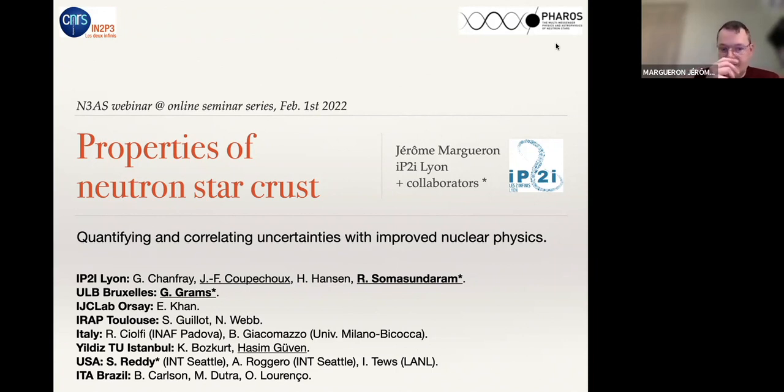Our interest was to focus on quantifying and correlating uncertainties, together with putting some improved nuclear physics in the description of the crust. This is work that I've been doing with collaborators Sanjay Reddy from INT Seattle, and two young researchers, PhD student Rahul Somasundaram and postdoc Guillaume Grams.